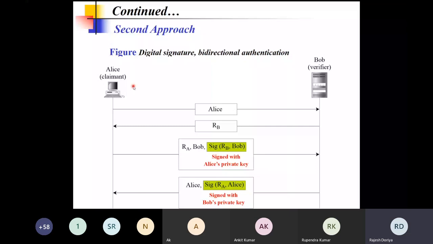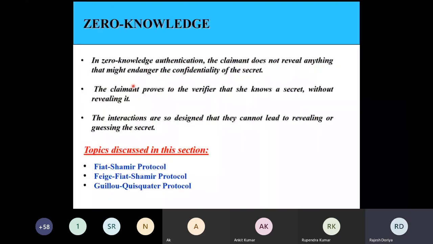Okay, so as of now, we have discussed the password-based protocols, then challenge-based protocol, and now the third type is zero-knowledge protocol. In this protocol, the claimant does not reveal anything that might endanger the confidentiality of the secret.